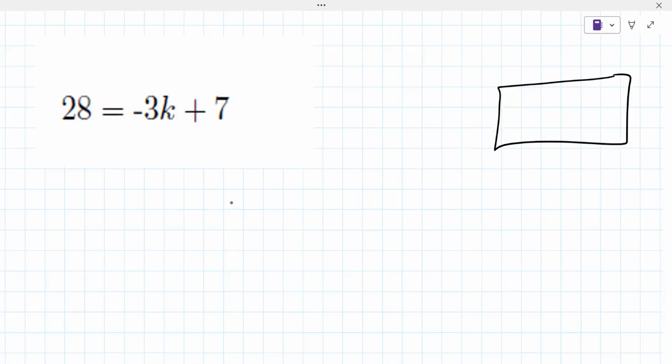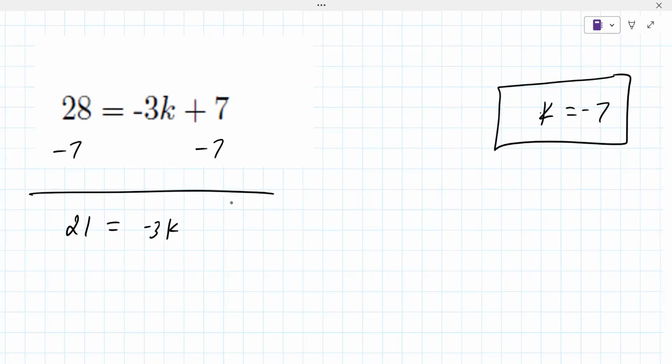Now what you do is... -7. k equals -7. Good. Subtract 7 from both sides. So you have 21 equals -3k, divide by -3, and k equals -7.